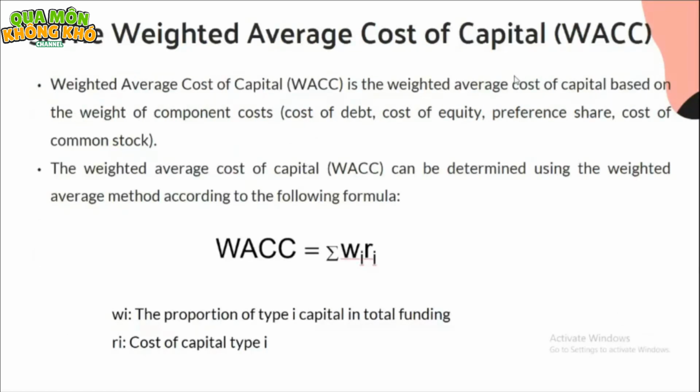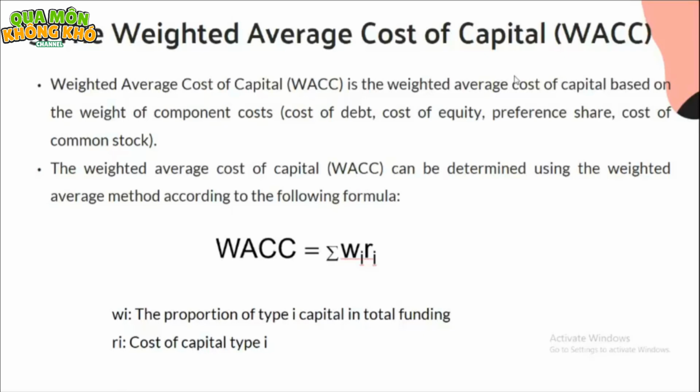Next, I will talk about the WACC, or we can call it the weighted average cost of capital. WACC is the overall required return for a firm. This is because directors will often use WACC internally in order to make decisions and determine economic feasibility.